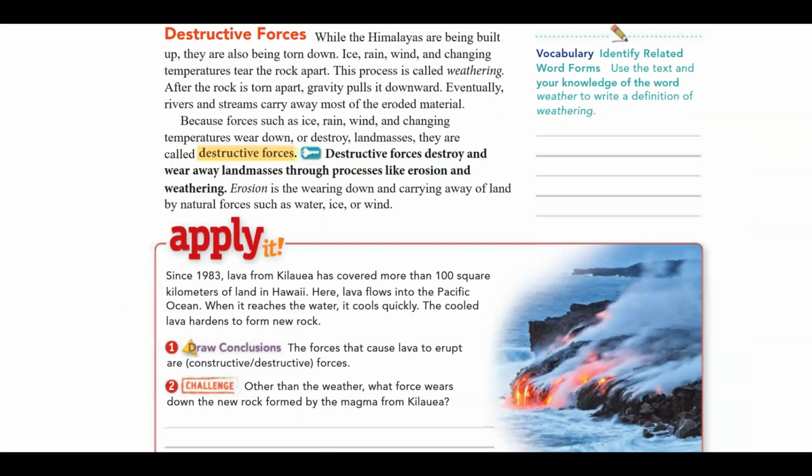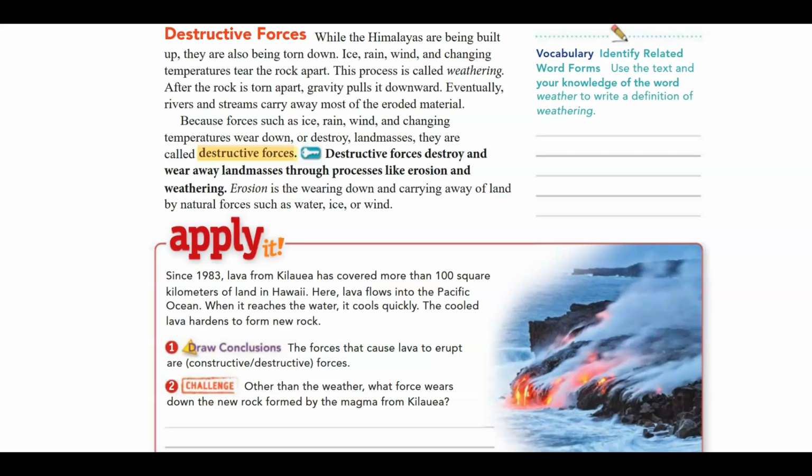While the Himalayas are being built up, they are also being torn down. Ice, rain, wind, and changing temperatures tear the rock apart. This process is called weathering. After the rock is torn apart, gravity pulls it downward. Eventually, rivers and streams carry away most of the eroded material.